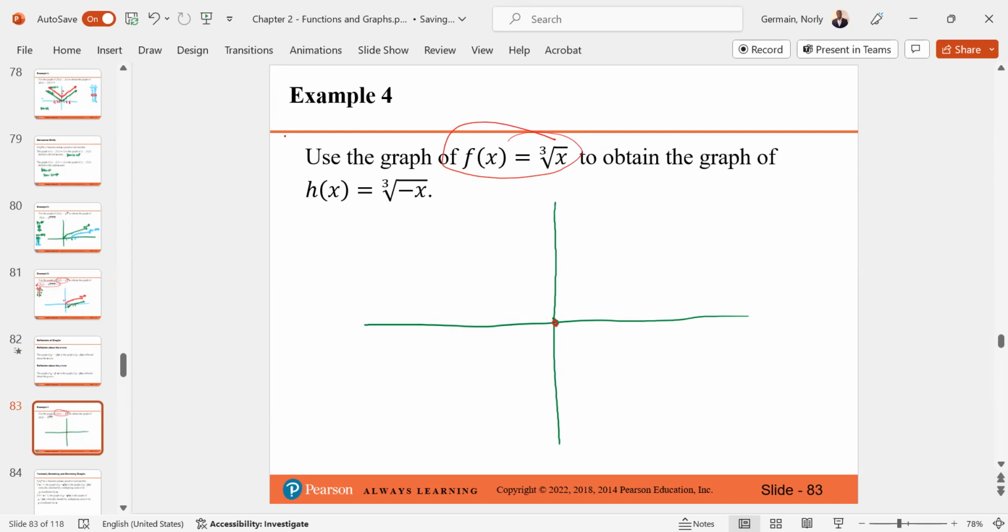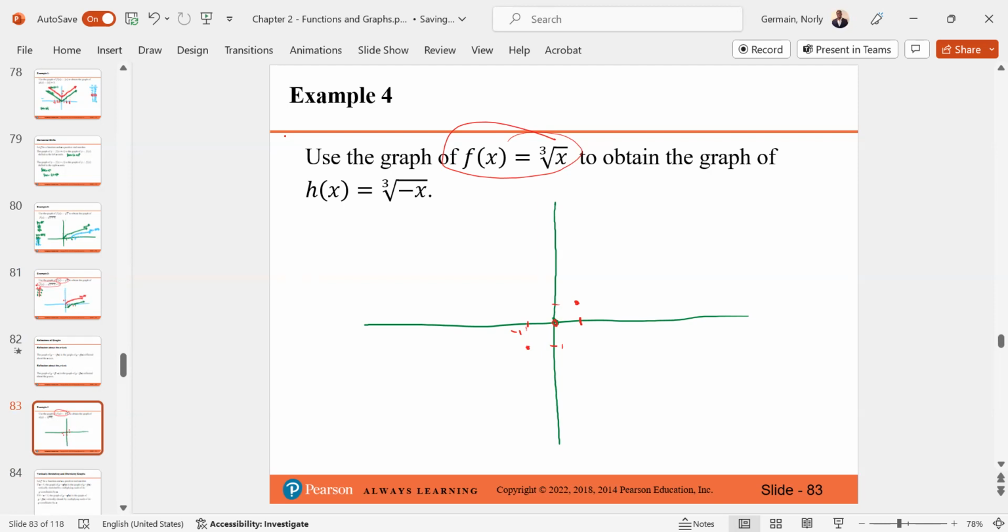And if you plug 1, cube root of 1 would be 1. If you plug -1, cube root of -1 would give you -1. But look, I don't like to deal with decimals, that's why I don't take -2, -3, -4. What I would do, I'll take -8.